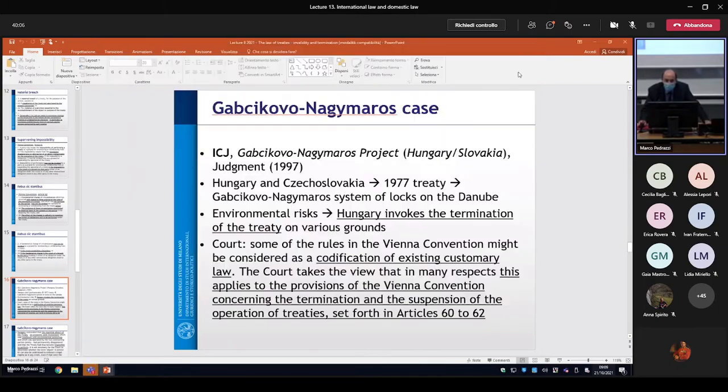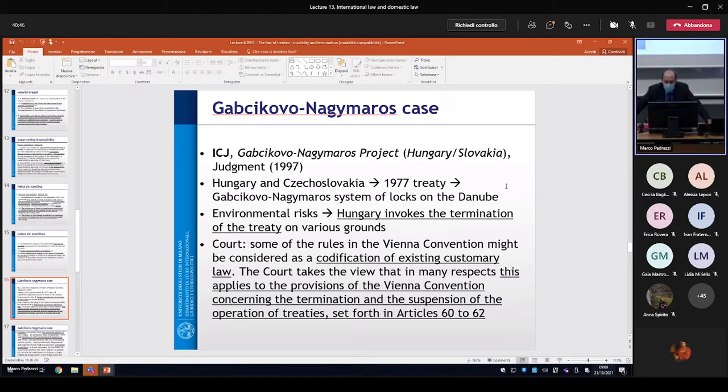So this was a case between Hungary and Czechoslovakia. But when it was decided, Slovakia was the successor state to Czechoslovakia, because the question concerned the use of a river, the Danube, which is situated at the frontier between Hungary and Czechoslovakia at the time and now Slovakia.